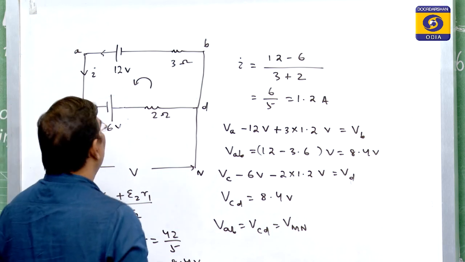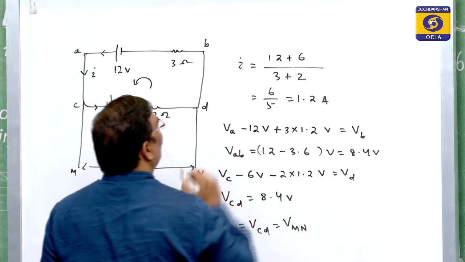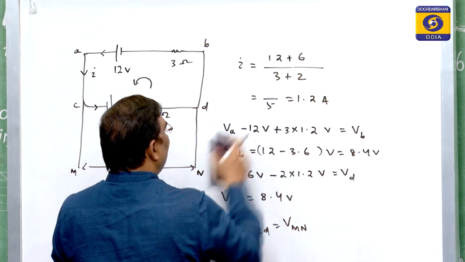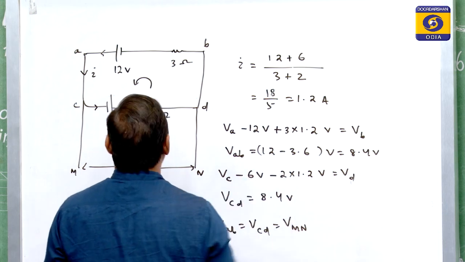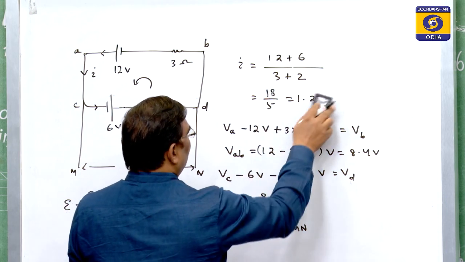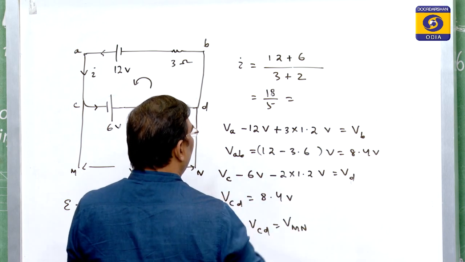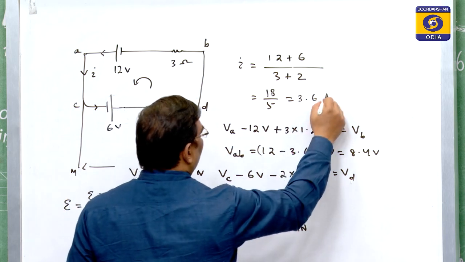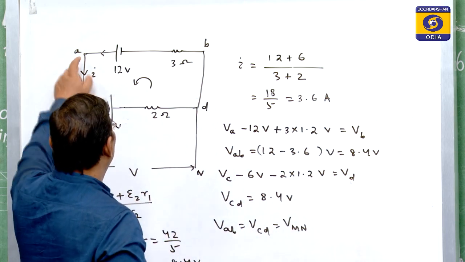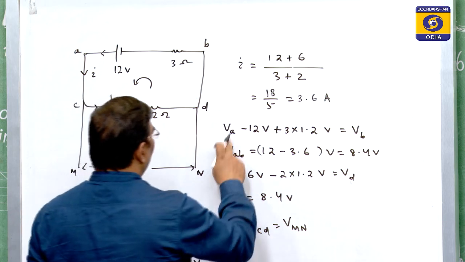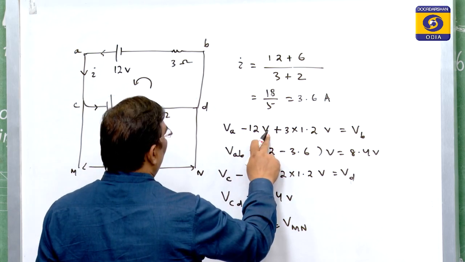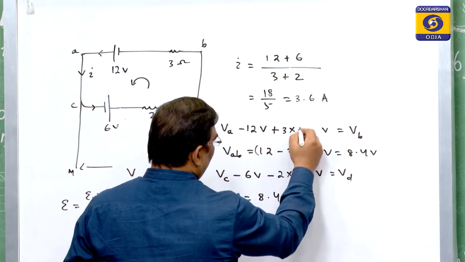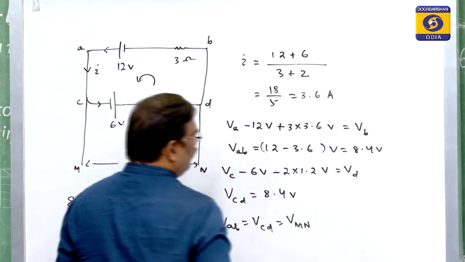If this is reversely connected, this is 12 plus 6 and this will be 18 divided by 5, and this is 3.6 ampere. Now, my VA minus 12 volt plus 3 into 3.6 equal to VB.